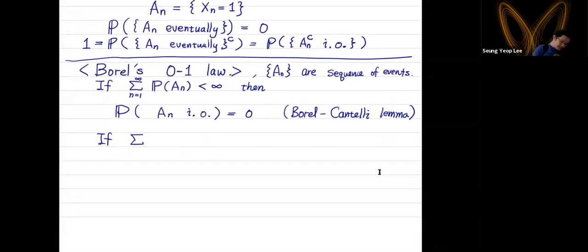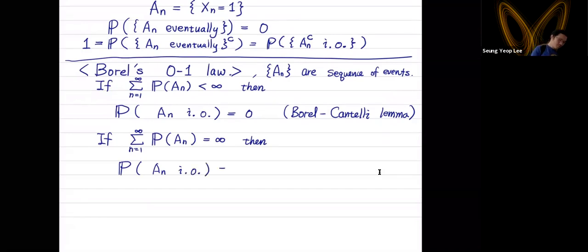Now let's consider the other case, where the sum of the probabilities of A_n is infinite. If it diverges, then the probability of A_n infinitely often suddenly becomes 1.